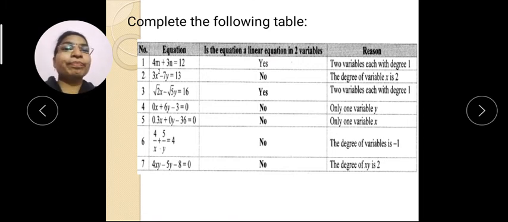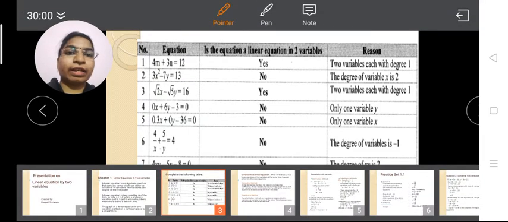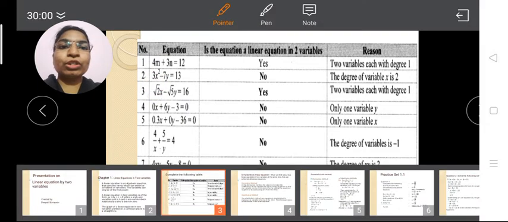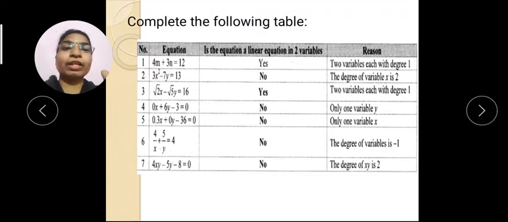Now friends, see the next, second equation, that is 3x square minus 7y is equal to 30. In this, x and y two variables are there, but the first term, that is 3x square, that is x raised to the power 2. So this 2 is the degree of variable x and therefore this is not a linear equation in two variables.